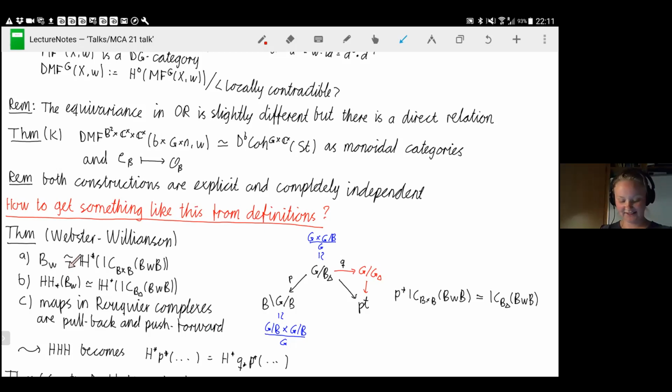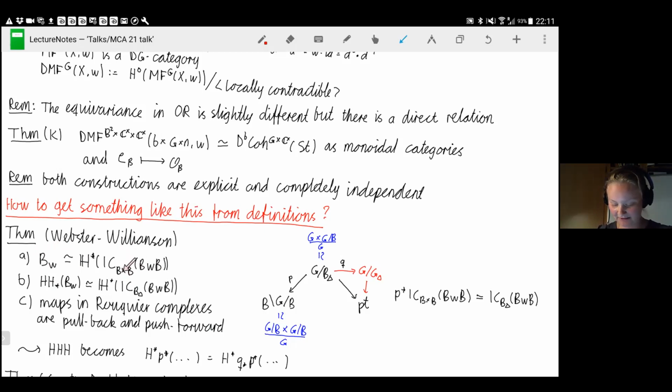It says that this thing can be calculated as hypercohomology of an IC sheaf.